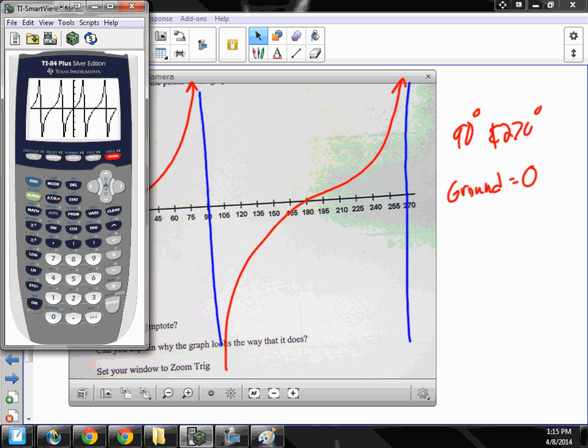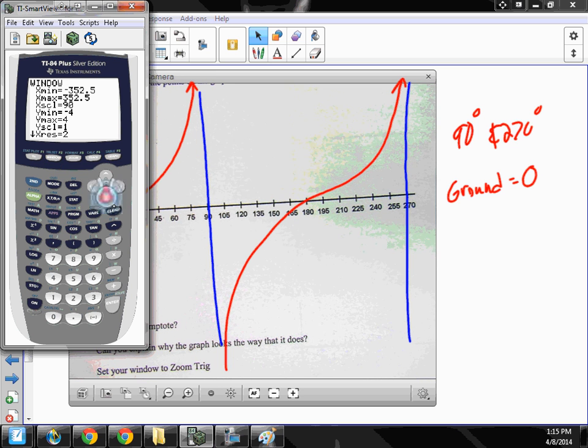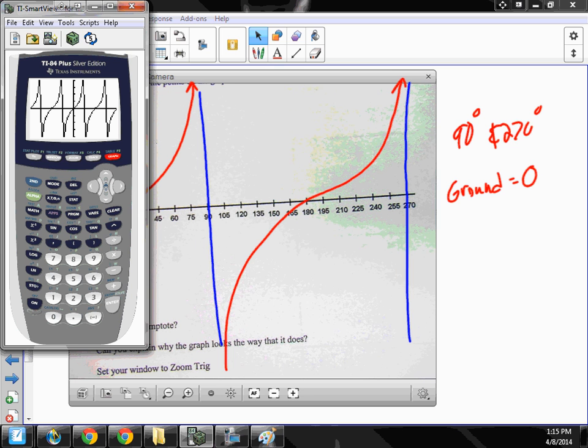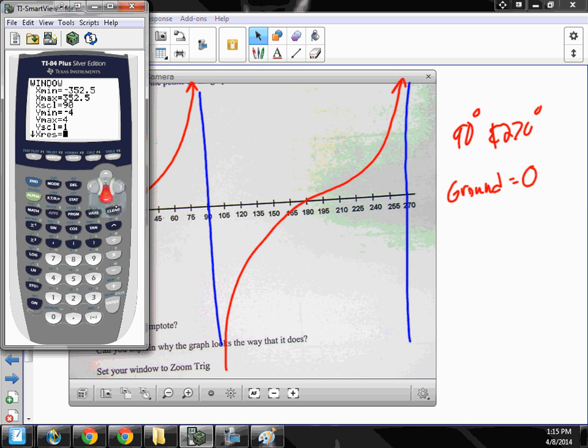I don't think you can go below 1. I don't think it'll let you do a decimal. Let's see. Yeah, it won't let you. So if you do 0.5 and you push up, it gives you an error. So the lowest you can go is 1. And I think 8 is the high.